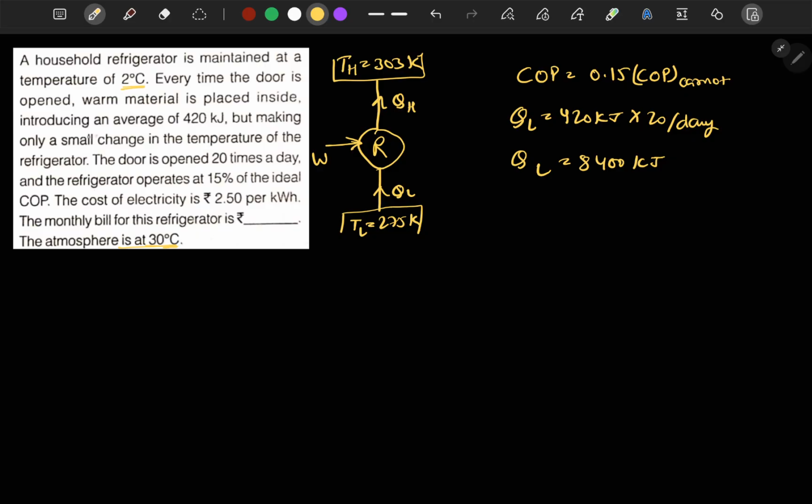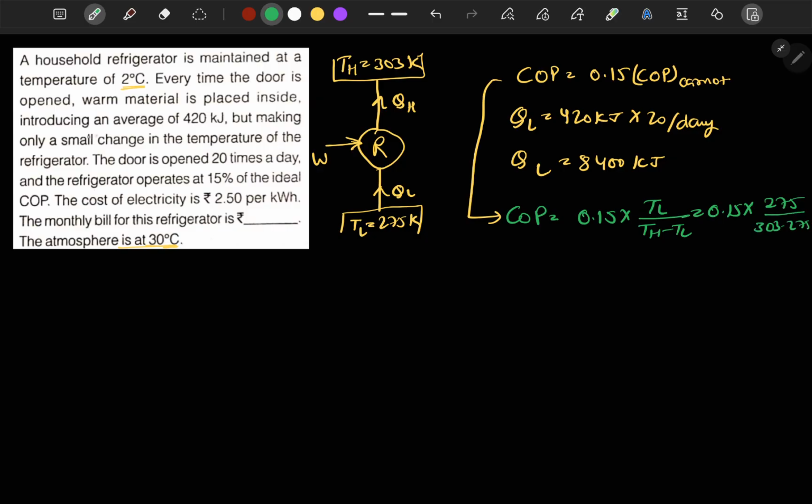Now we can use this formula to calculate the actual COP. COP actual is equal to 0.15 times COP ideal, which will be TL upon TH minus TL since this is a refrigerator. On substituting values we get 0.15 into 275 upon 303 minus 275.